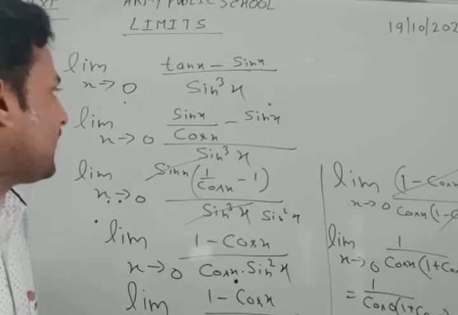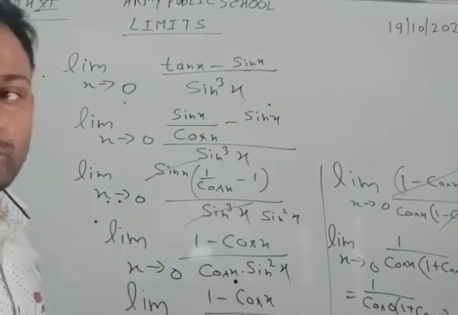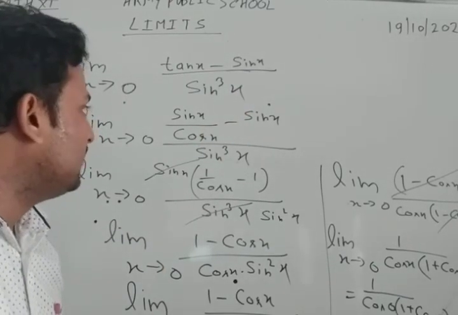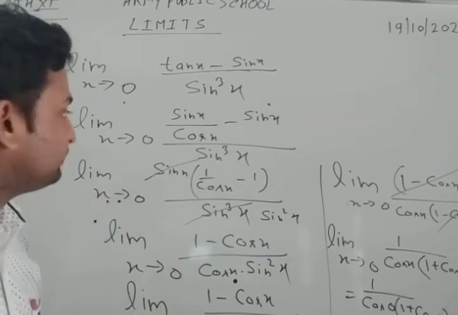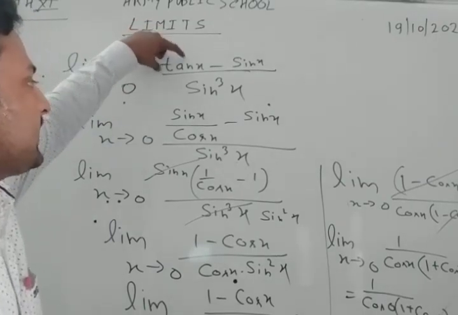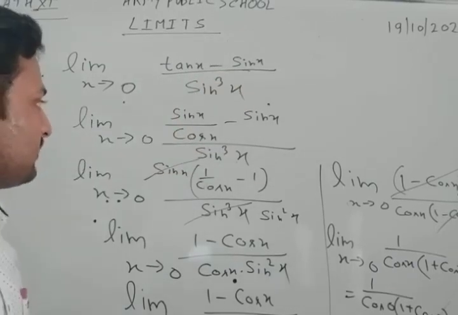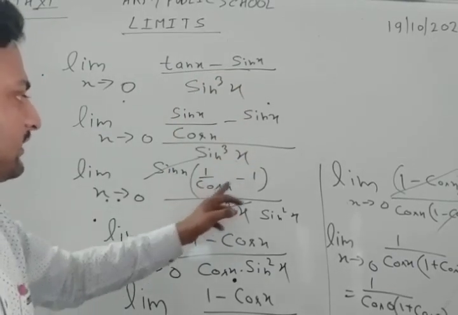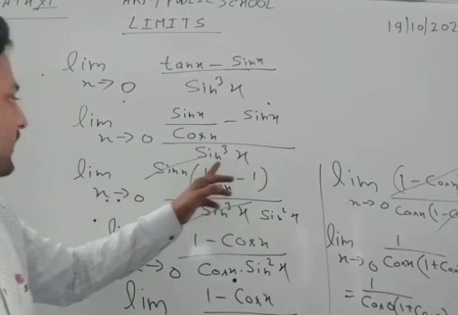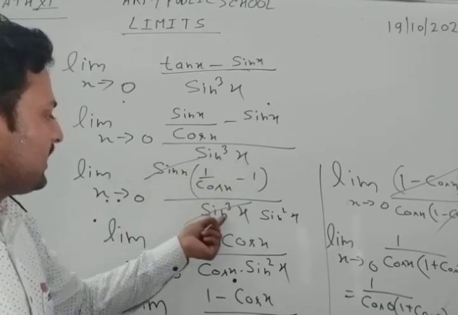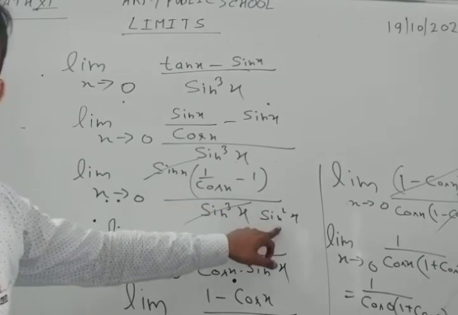So what we had done: we were given this question, (tan x minus sin x) upon sin cube x, and we had to find the limit of this function. First we solved this. We changed tan x into sin and cos, and this is minus sin x upon sin cube x. Now taking sin x outside, 1 by cos x minus 1. Here taking sin x outside, and here sin cube x, so cancel this term, and we get sin square x.